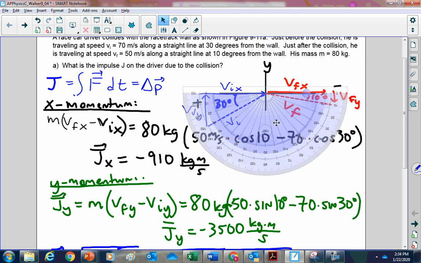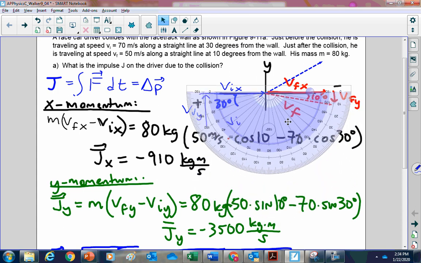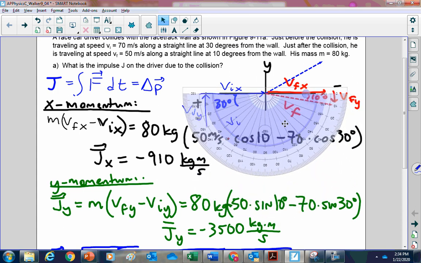So, and I'm going to drag this. Okay. So the car, if it would have kept on moving, it would have had this momentum in this direction, but it then changed and hit the wall. Instead, it went off in the red direction. And so the overall change was 75.4.